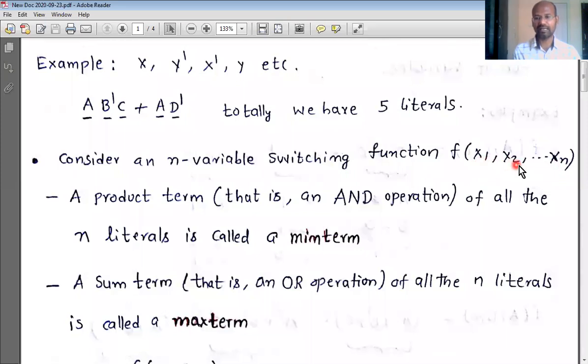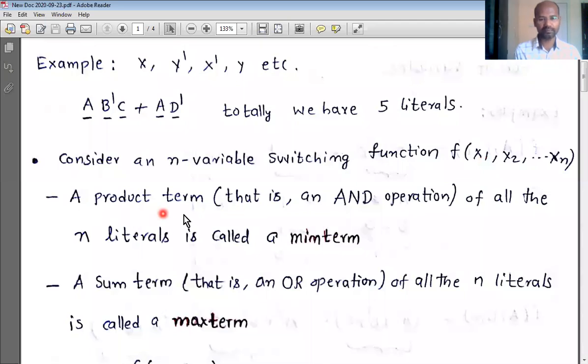So totally there are n variables which are used in the function f. For example, f of x1 comma x2 comma x3, let's say f is a 3 variable Boolean function or 3 variable switching function. F of x1 comma x2 comma x3 equal to x1 x2 x3 plus x1 x2, like that.